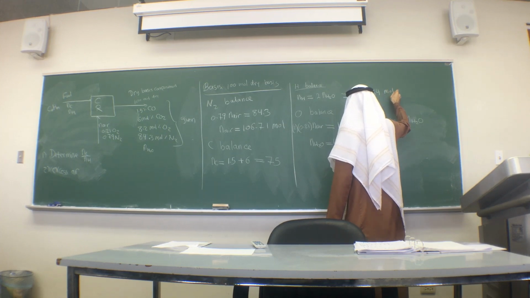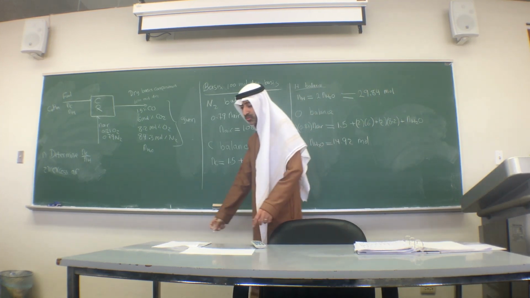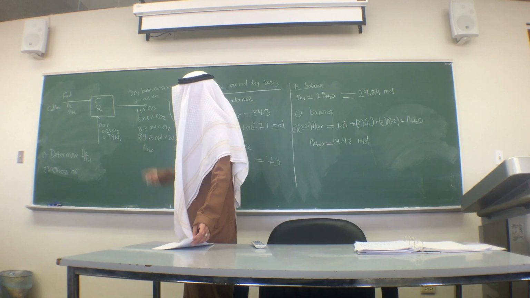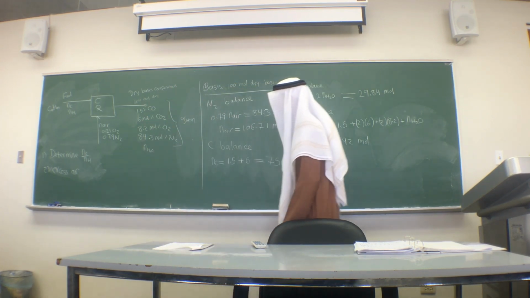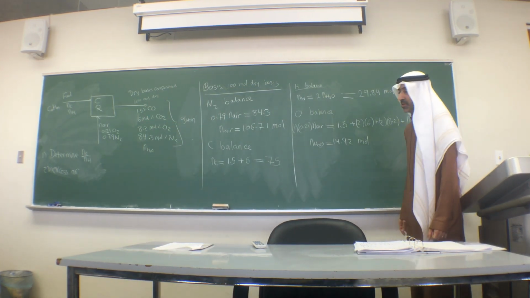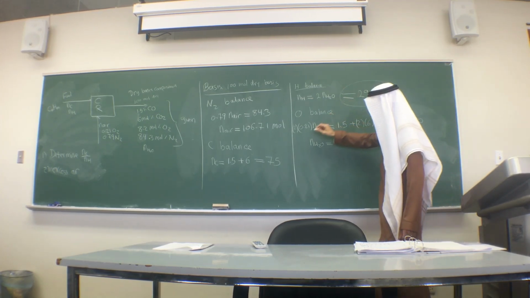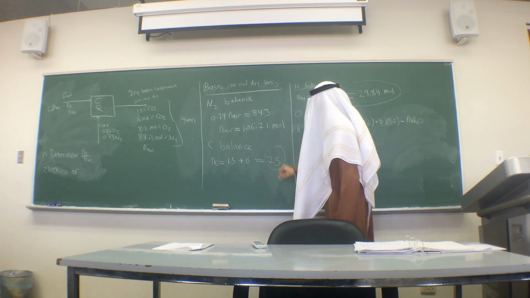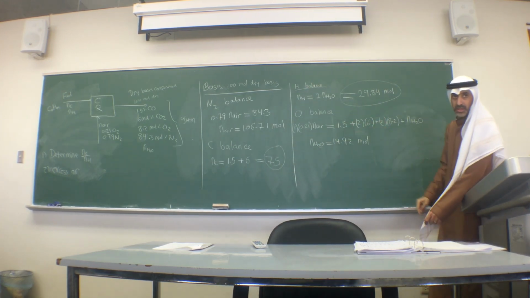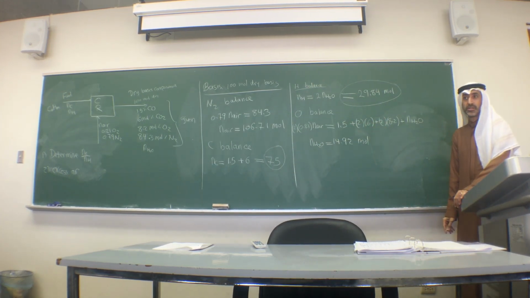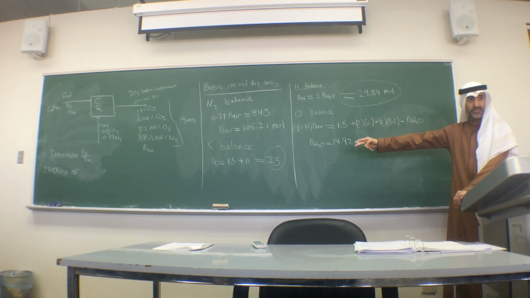29.84 mole. So now what will be the fuel? Right, balance equal. You have C7.5 and H 29.84, approximately C8H10. Divide 30 by 7.5.